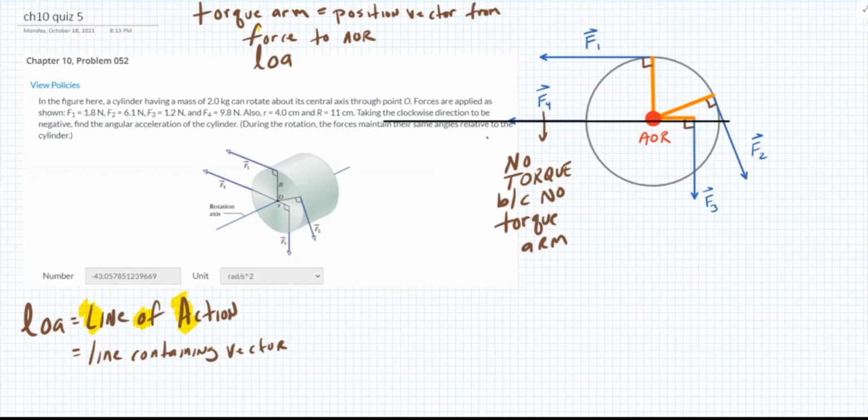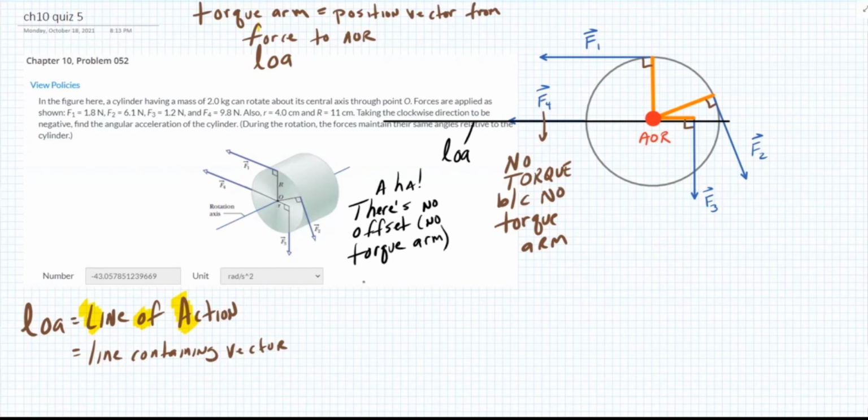This is the LOA, line of action. It's the line containing the F4 vector, and there's no offset. No offset means no torque arm. There's no offset. You have no leverage. No offset means no torque arm between the LOA and the AOR.